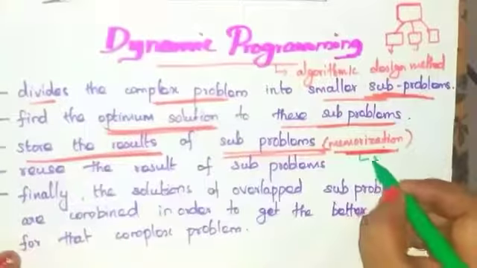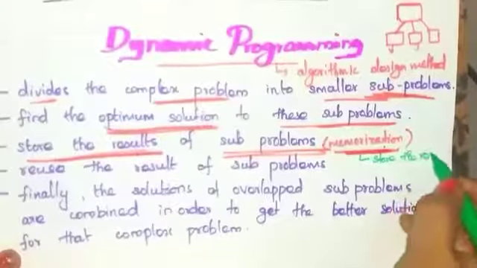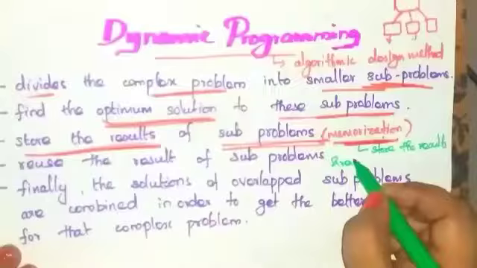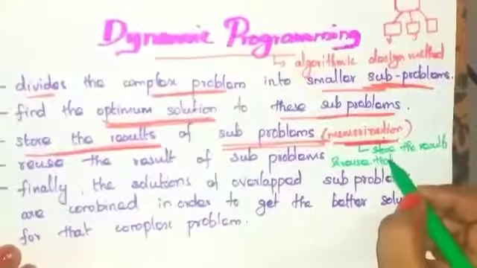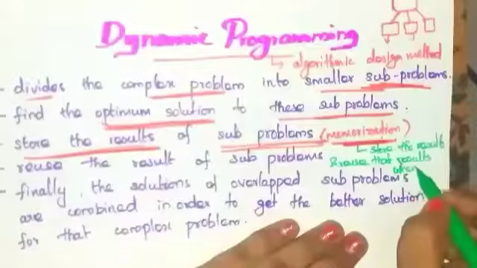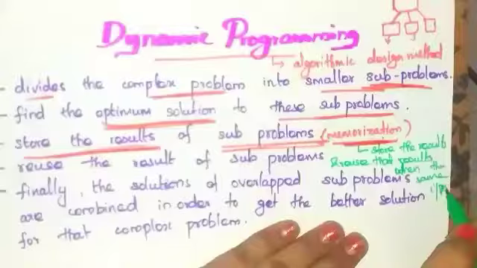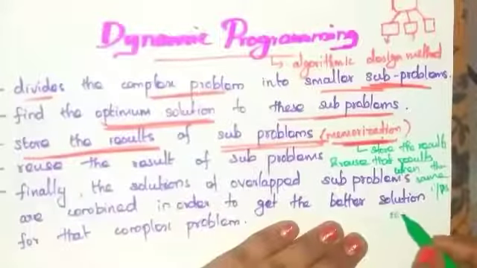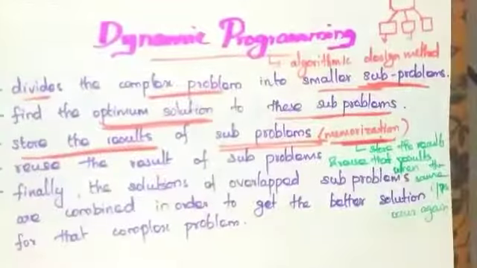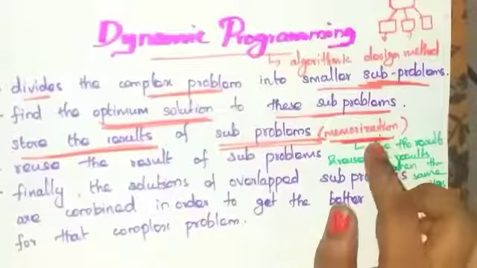It is mainly used to store the results and reuse the results of subproblems when the same inputs occur again. So what do you mean by memorization? Memorization is an optimization technique.